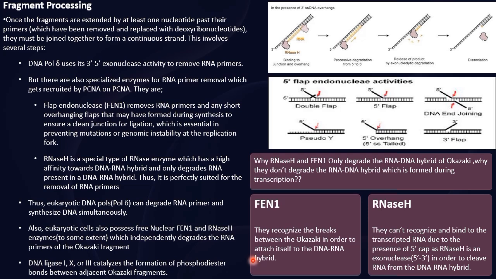Thus, FEN1 can't recognize the DNA-RNA hybrid formed during the transcription process, whereas RNase H cannot recognize and bind to the transcribed RNA due to the presence of the 5' cap, as RNase H is an exonuclease which removes nucleotides in the 5' to 3' direction in order to cleave RNA from the DNA-RNA hybrid.